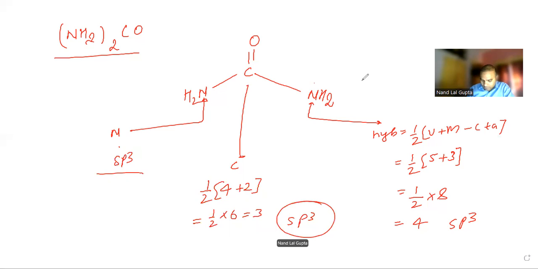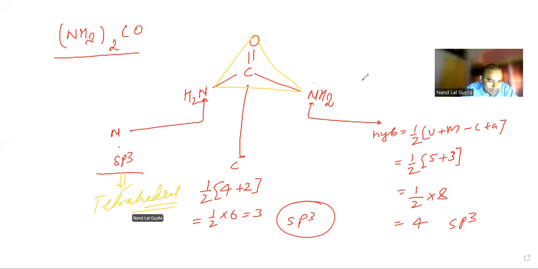So the carbon in the yellow color is going to be trigonal planar. And after trigonal planar, the other geometry they are asking, that is sp3, which means tetrahedral. This is going to be tetrahedral.